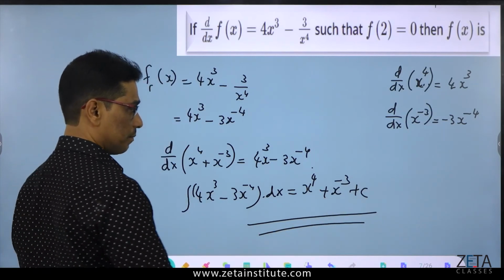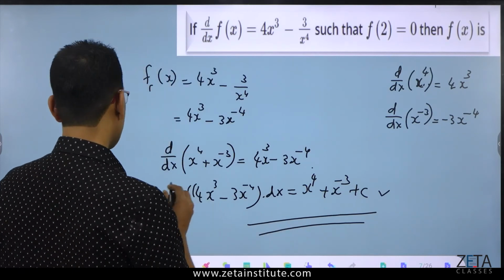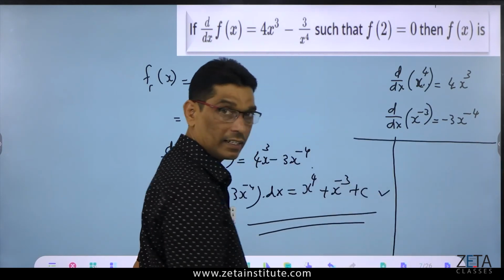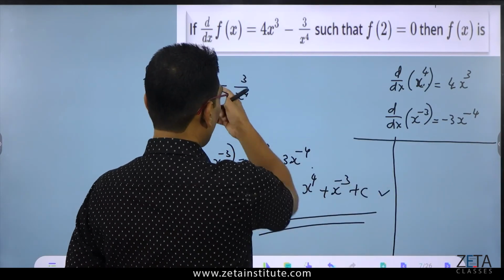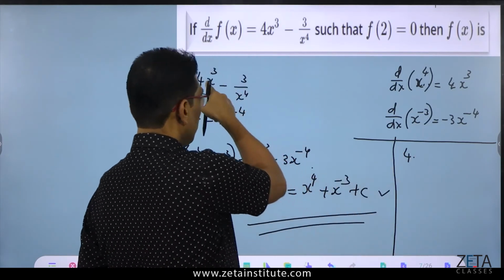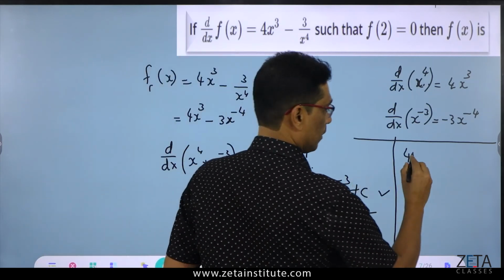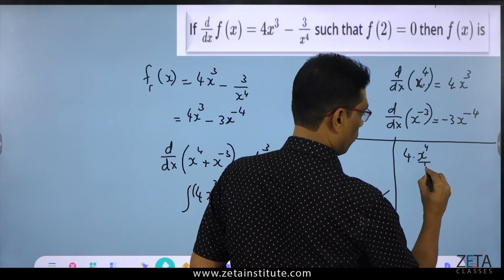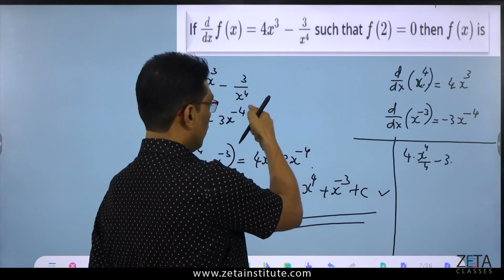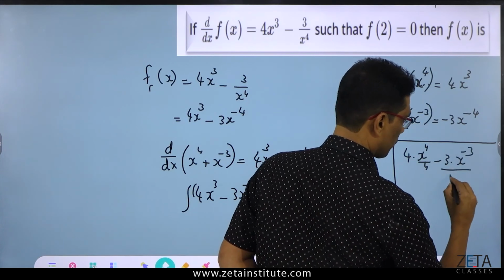So this is the answer. Let's check it from the reverse side to see whether it is right or wrong. Integration of 4x cube: 4 into x raised to 4 divided by 4, and minus 3 into x raised to minus 3 divided by minus 3.